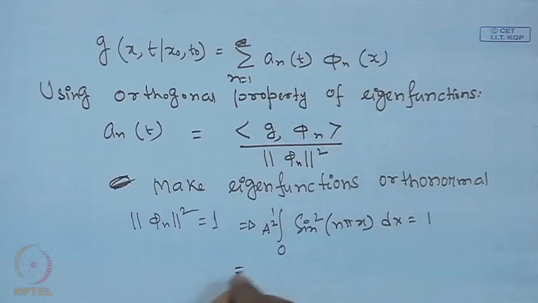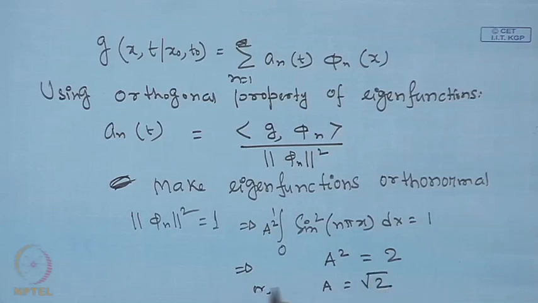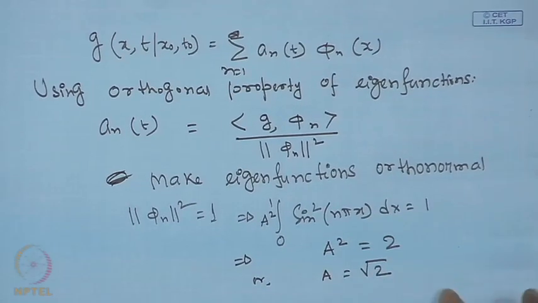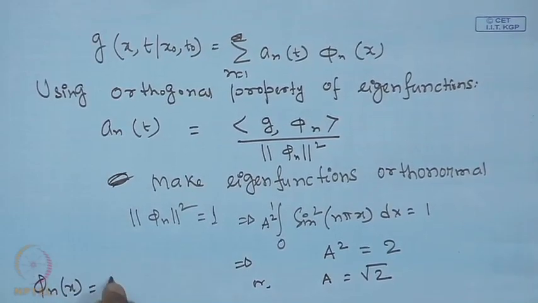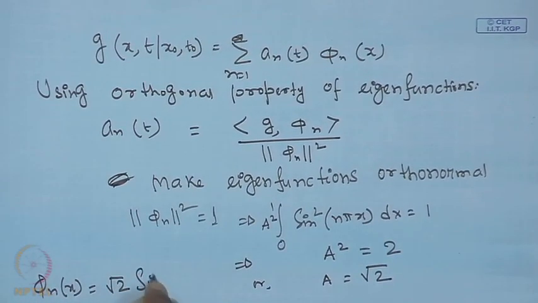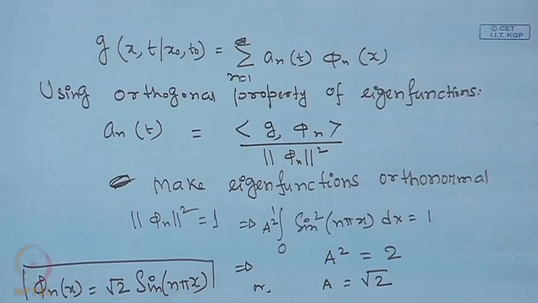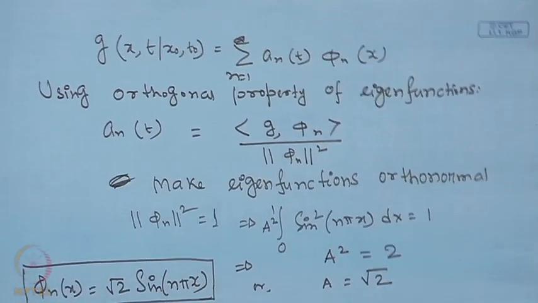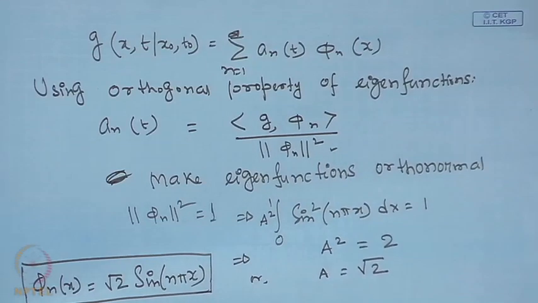The a square is a constant, so it is taken out of the integral sign. The integral of sin square n pi x dx is half, as we have already proved earlier. So, a square is equal to 2, or a is root 2. Therefore, the eigenfunctions are phi_n(x) equal to root 2 sin n pi x. If we formulate the eigenfunctions like this, then phi_n becomes orthonormal and the denominator of this equation will be equal to 1.